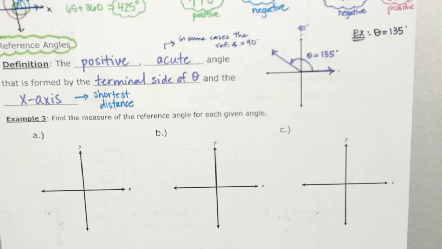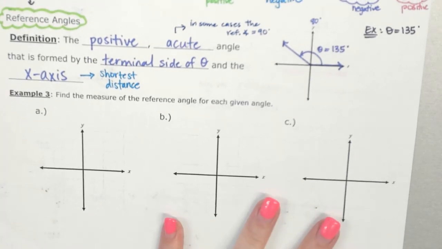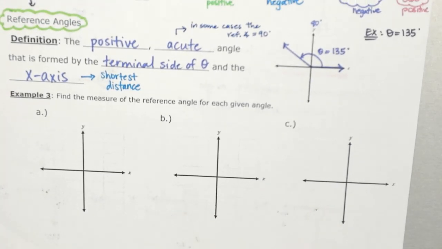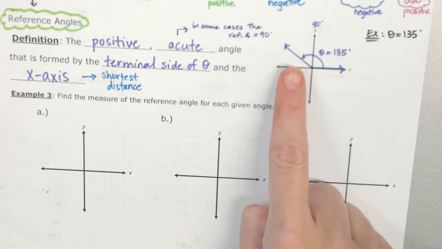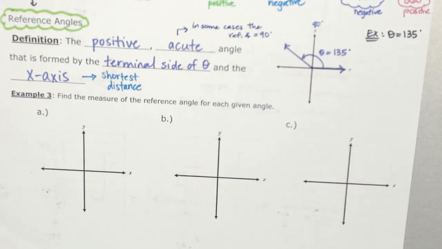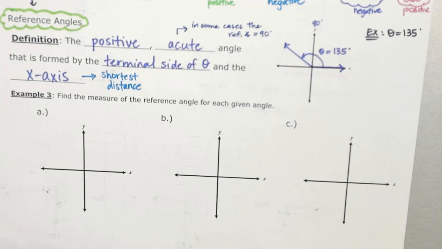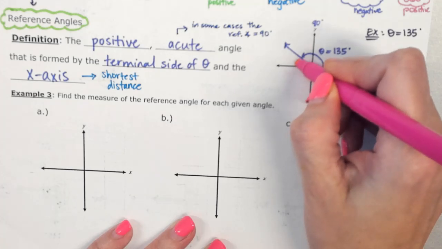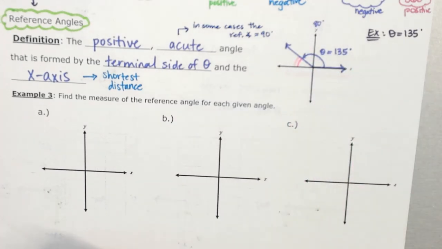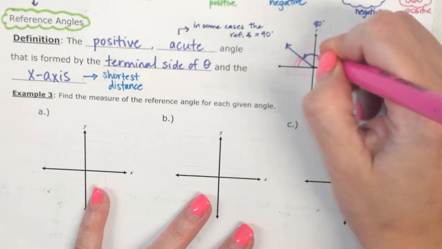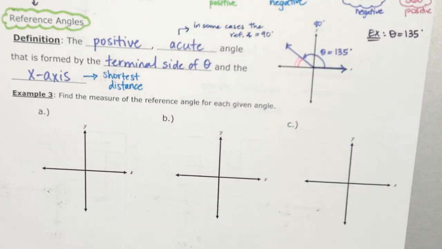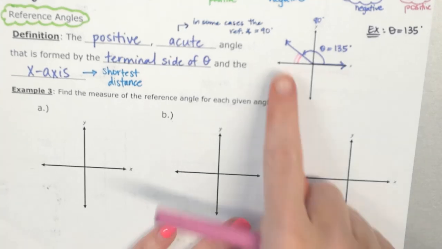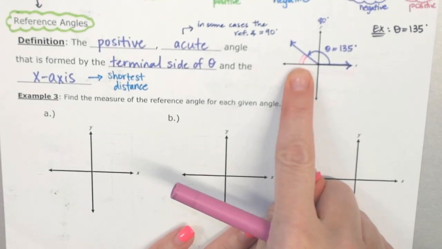To find the reference angle, it is going to be the distance from the terminal side to your x-axis. So you really have two different pathways, right? You can go from here to here, this part, or you could go from here to here, which is what we have in purple. Which distance is shorter? The one that I have marked in pink, right?